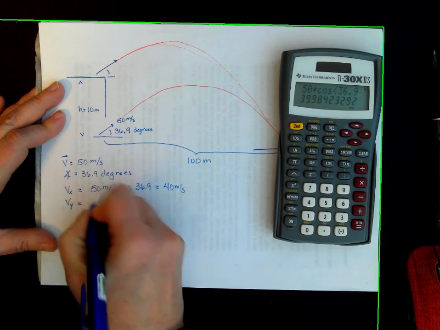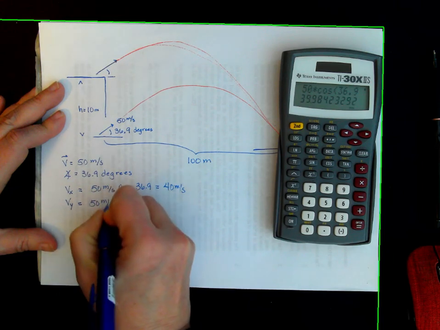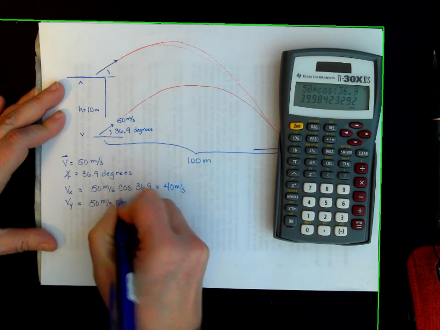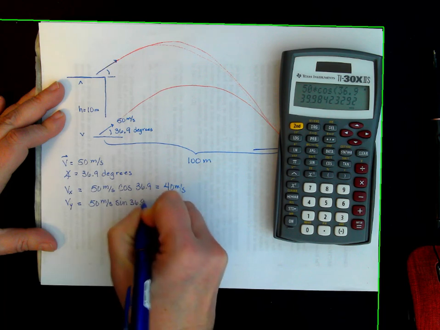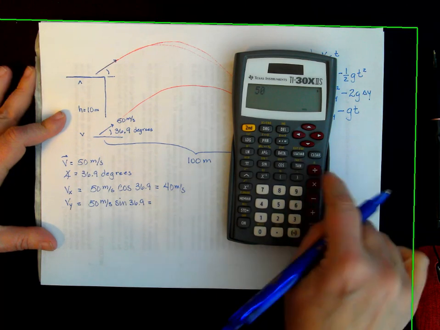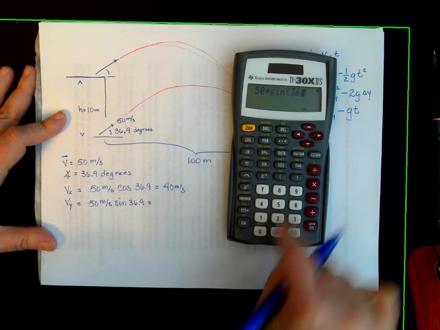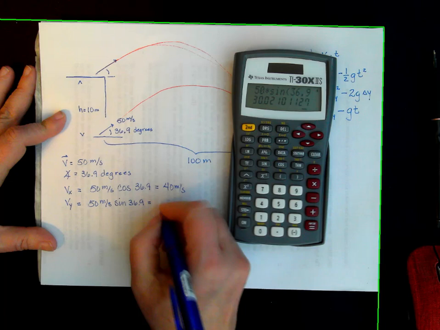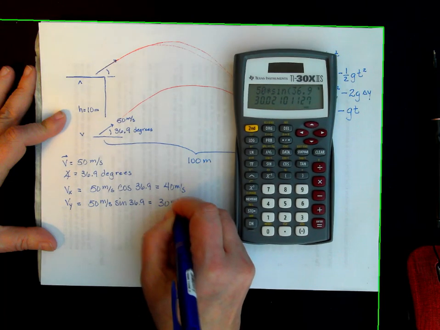I'm going to do the same thing for the y, except now I use the sine of the angle to get my components. And when I do that, I'm going to get that this is 30 meters per second.